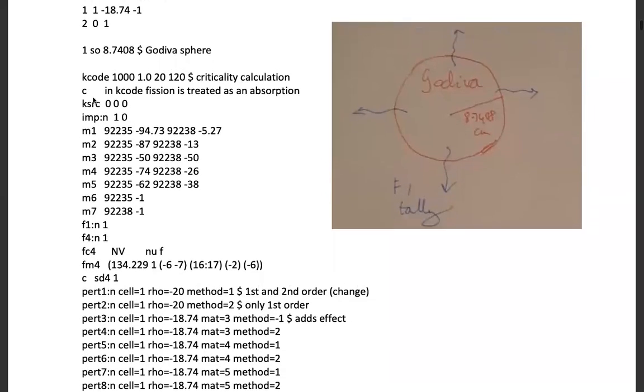Okay, so here's a comment card that in KCODE, fission is treated as an absorption. So what KCODE does is that neutrons are started at this point, 1,000 neutrons. And the first time a fission takes place, the particle is absorbed, and a new source particle is created and started and simulated.